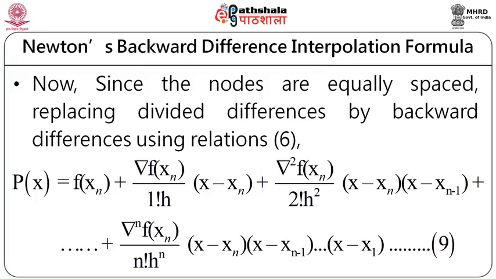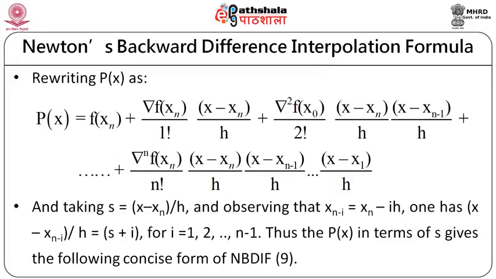So, this is the formula that we get, and again we can carry out the simplification as we have done earlier. So, we can express p x like this, separating out this h and putting it in separate factors, and then taking s as x minus x n by h and observing that x n minus i is equal to x n minus i h.